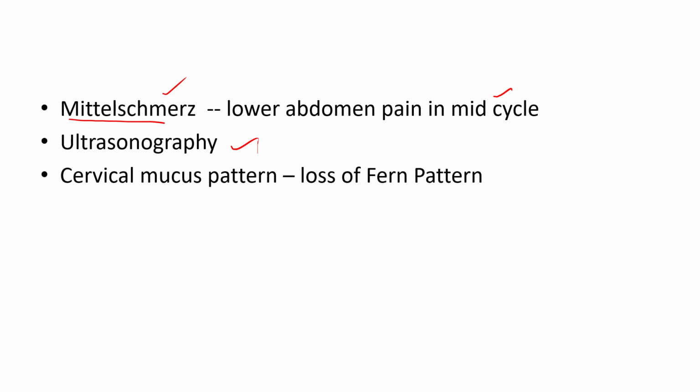Serial ultrasonography can reveal the follicular development and empty follicle, and a fern pattern will be seen in the cervical mucus when it is estrogen dominant. Once the estrogen level falls, that means the ovum is released, and the cervical mucus pattern loses its fern pattern.